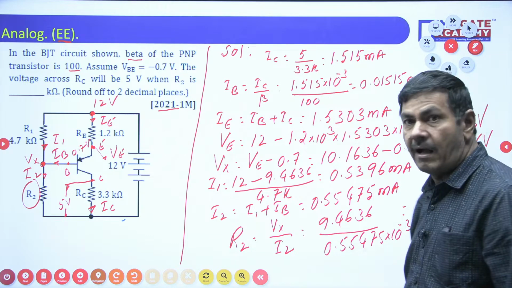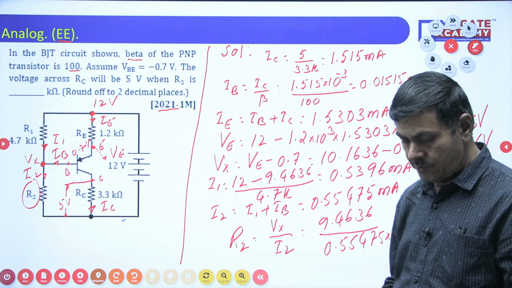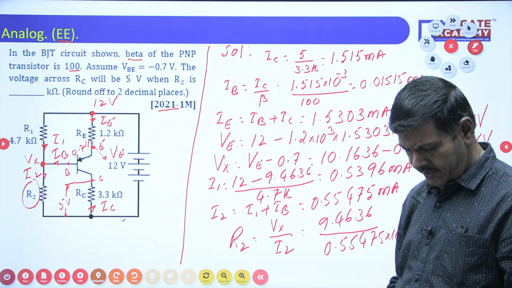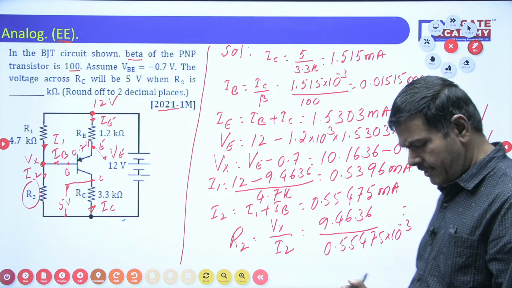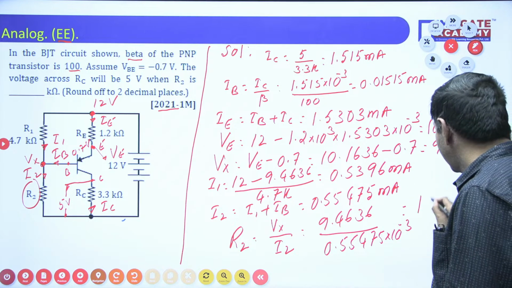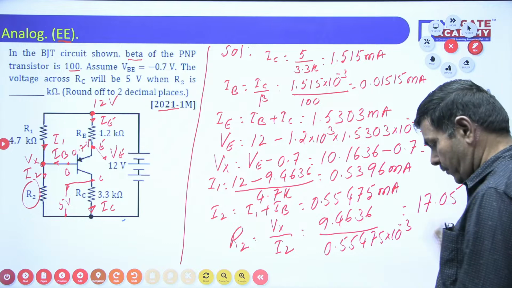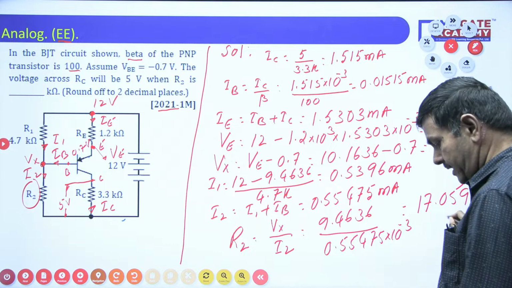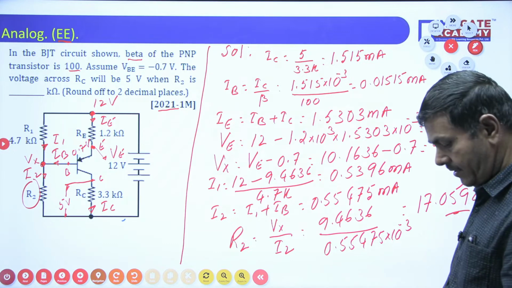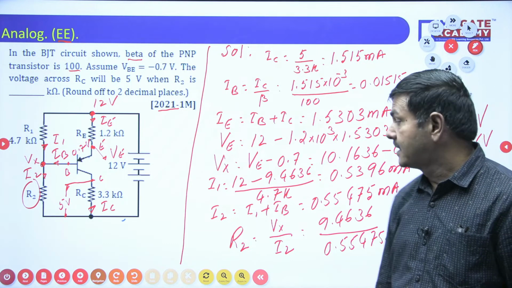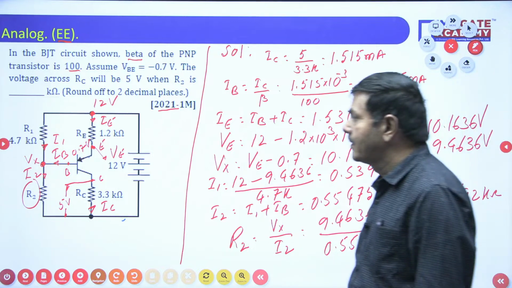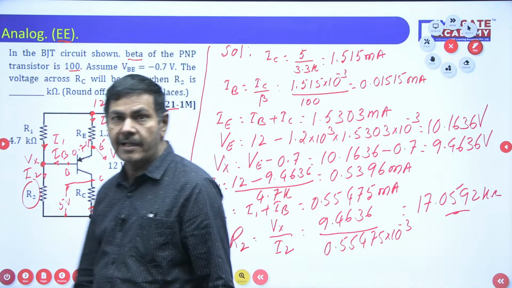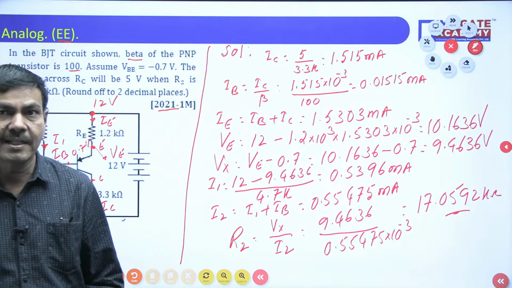Finally, R2 comes as 17.0592 kilo ohms. This is the way the question is to be done. So finally we get R2 in kilo ohms. That is the final answer only.